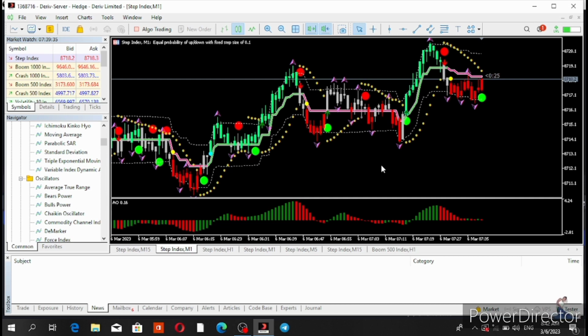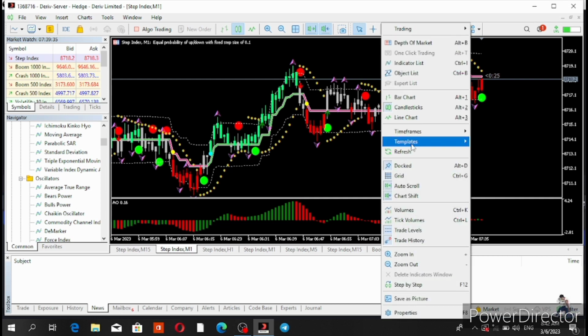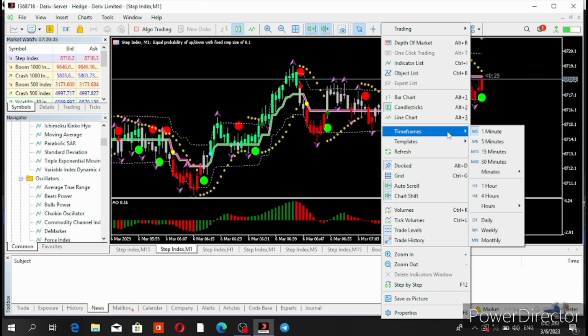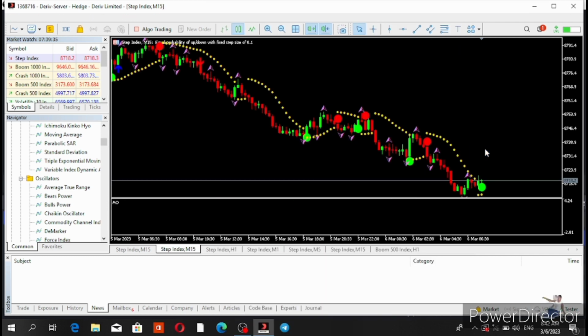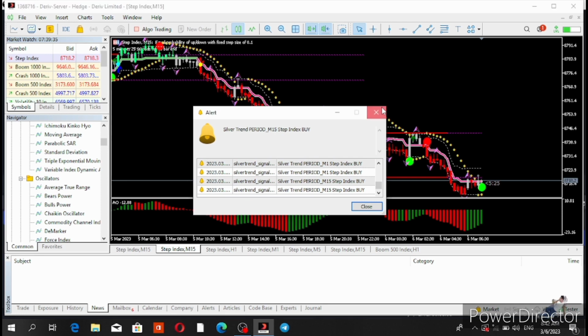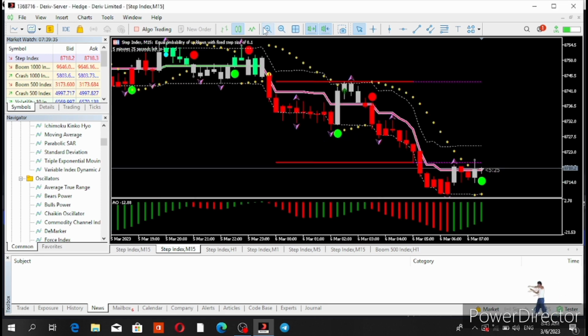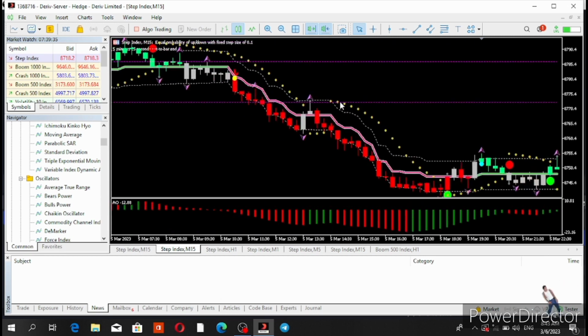Yeah, it's gone. So what is our focus? Let me go to the 15 minutes time frame. Our focus is on this particular indicator, this red one here, not the yellow one, the red one.